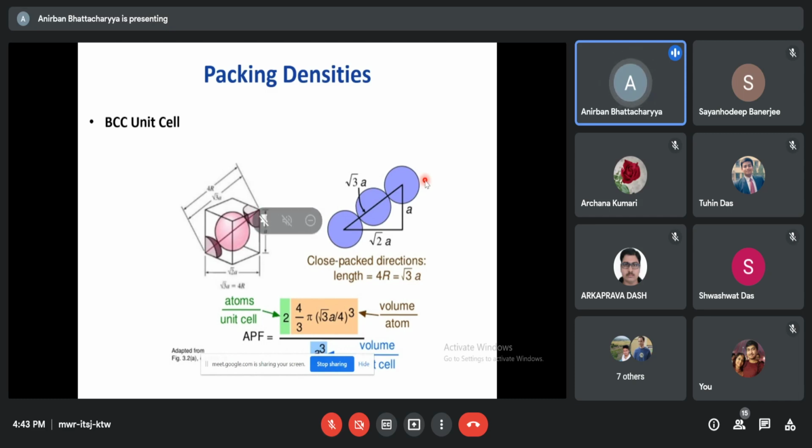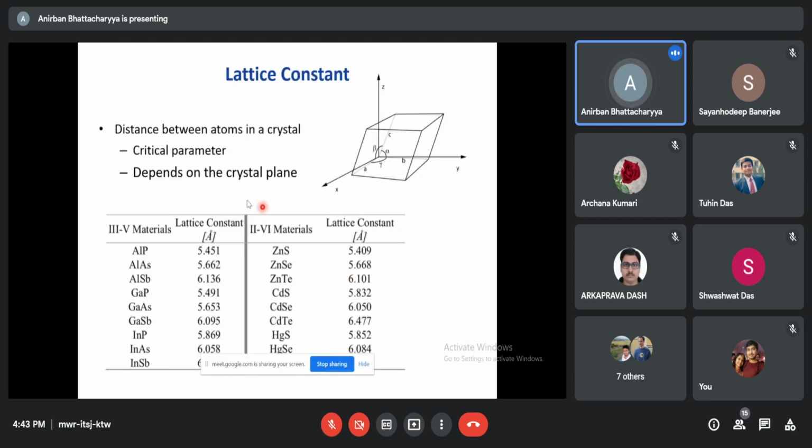If there are two silicon atoms which are bonded, the distance between them is something that can be measured, and that is given. Based on that, you can estimate what the lattice constant is going to be.